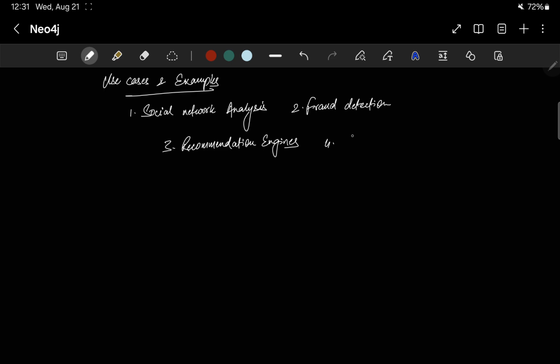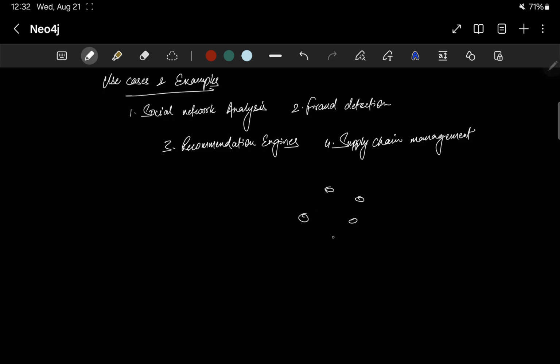Next is supply chain management. Neo4j can model complex supply chains, providing visibility into the relationships between suppliers, manufacturers, and distributors, optimizing logistics and reducing bottlenecks. For example, a global manufacturer uses Neo4j to map its supply chain, identifying the impact of a disrupted supplier on its production lines and finding alternative routes.